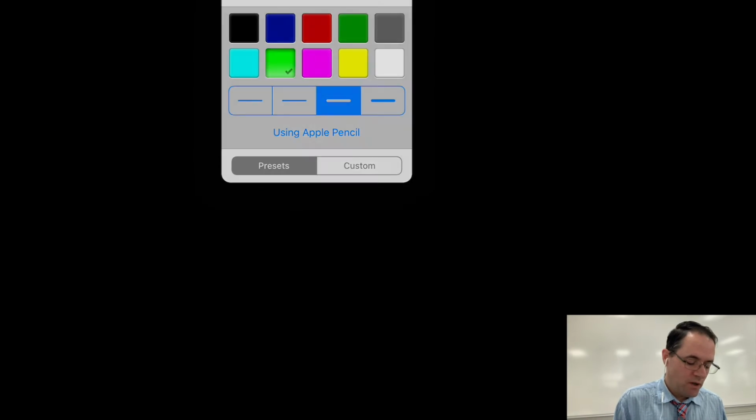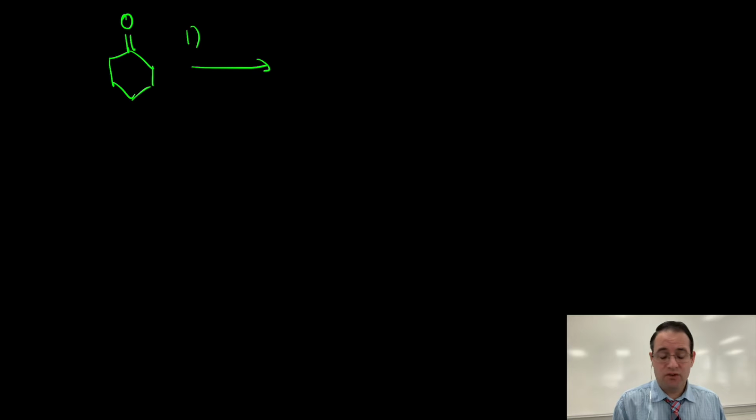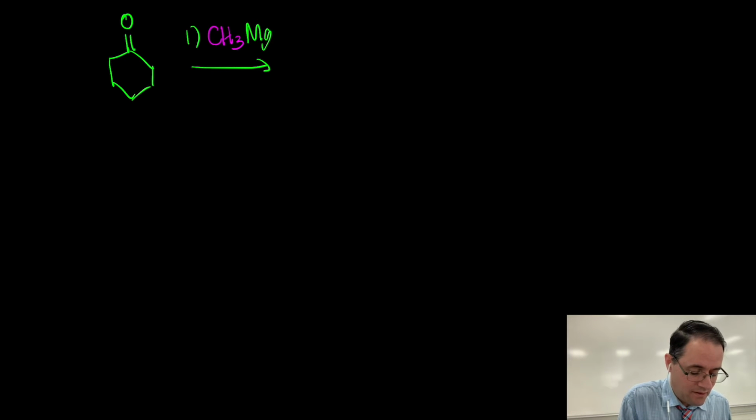We've learned before that if we have a ketone, an aldehyde, or an ester, but we're just focusing on ketones and aldehydes right now. If we have a ketone, we can treat this with a Grignard reagent. I'll color code that methyl group so it stands out here.